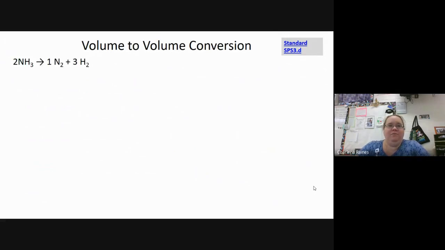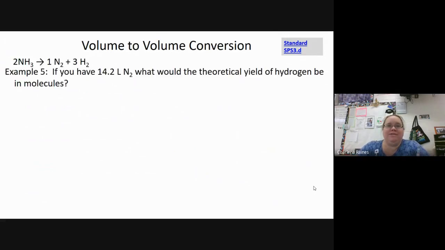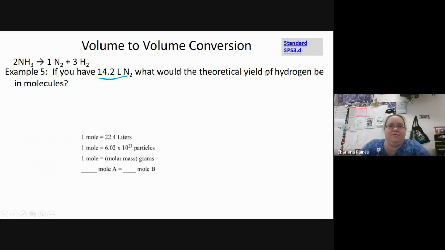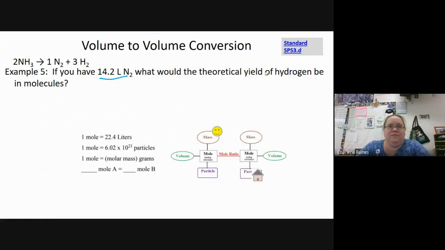So, volume to volume example. I'm finding my number, find my unit. This says volume to volume. Okay. I just have a typo here. I changed the thing on top. Copy and paste was not my friend.